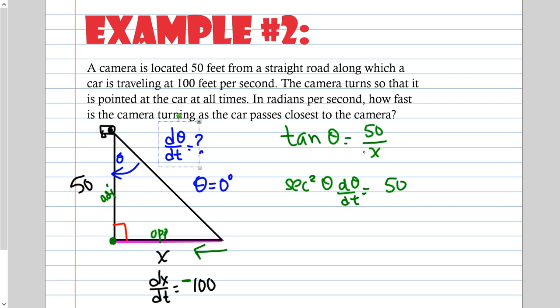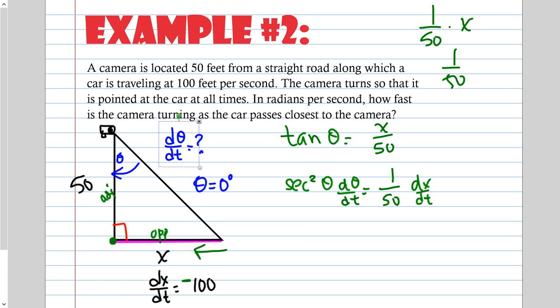Oh, I said opposite over adjacent, didn't I? That's not what I wrote. Okay, opposite over adjacent. Let's try this again. If I derive that, that's just 1/50th times x. When you derive that, it's just 1/50th, right? So 1/50th and then dx/dt.